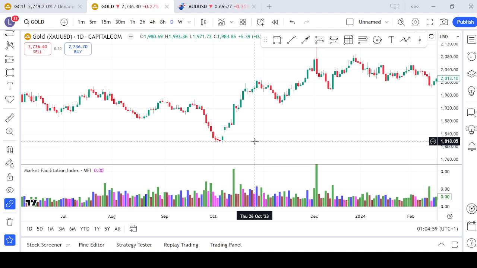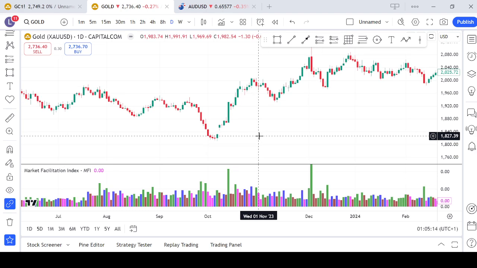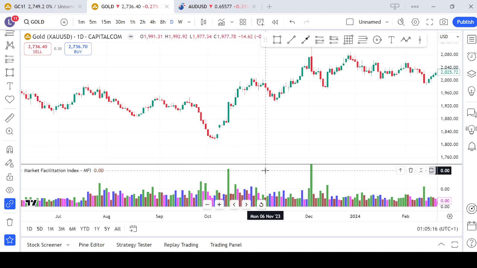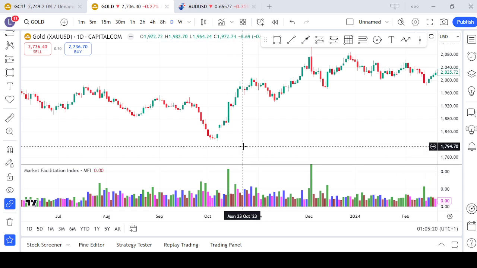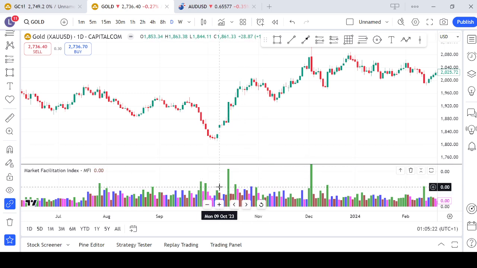By analyzing these two components together, the MFI reveals whether the market is moving efficiently or if there's a disconnect between price action and trading activity. As you can see on this chart, the MFI is typically displayed as a histogram below the price chart. The height of each bar represents the strength of market facilitation at that point in time.